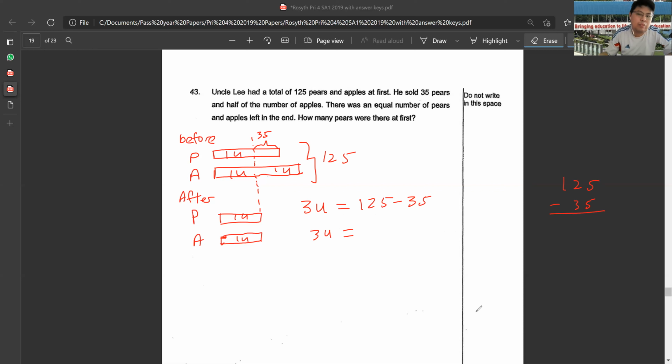Equal to how many? 90. 3 units is 90. So 1 unit is 90 divided by 3. What is 90 divided by 3? I'm doing it now.